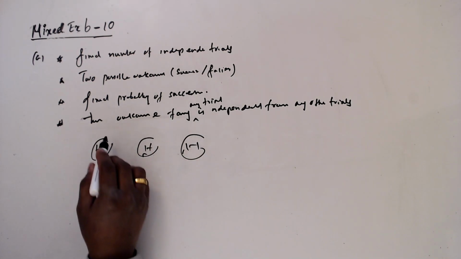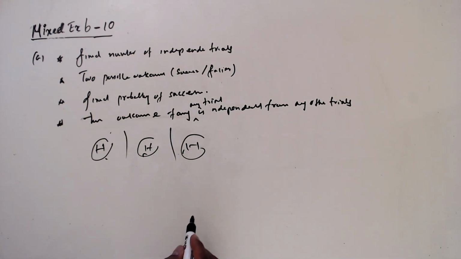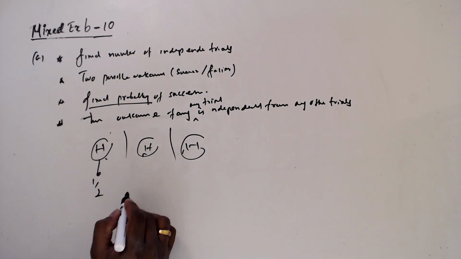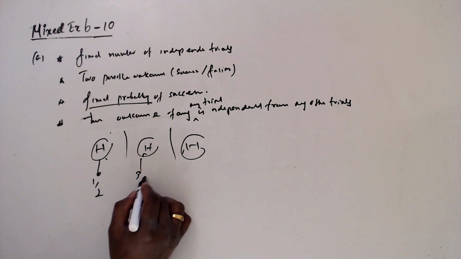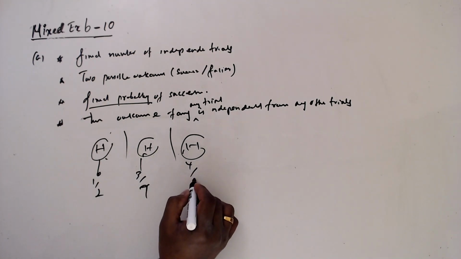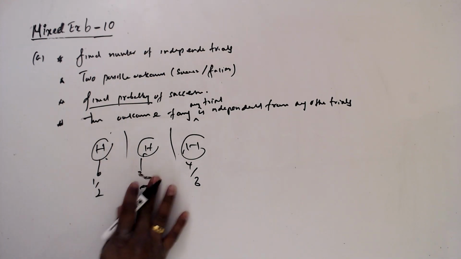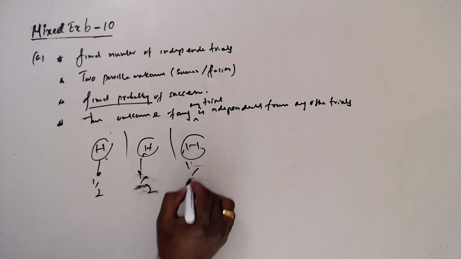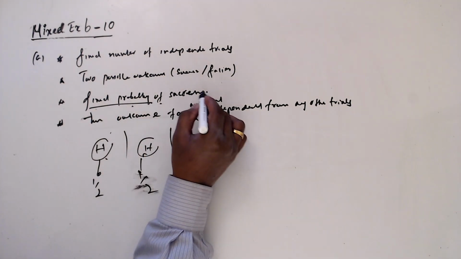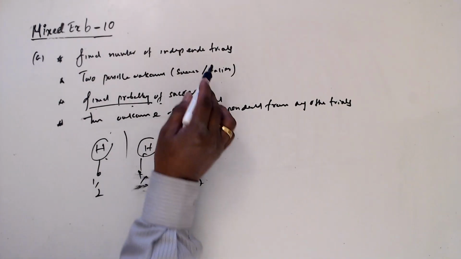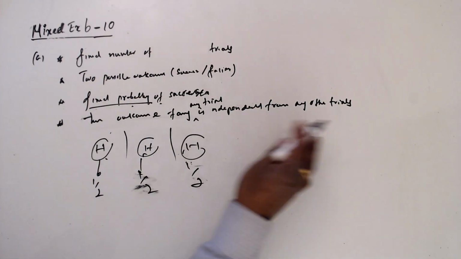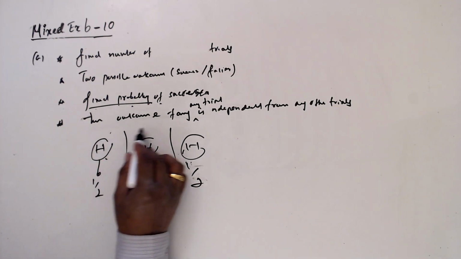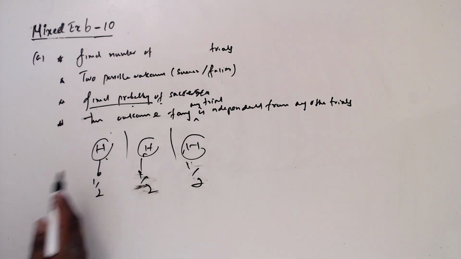So there are 3 trials, and the 3 trials have to be independent. At the same time, the probability must be fixed. If it's getting head, then it has to be half. It can't be a different one, like 3 out of 7, and 4 out of 8 for the third time. It has to be fixed. That's why we need a fixed probability of success, a fixed number of trials, and independence. Two possible outcomes, fixed probability of success, and outcomes in any trial are independent of each other.